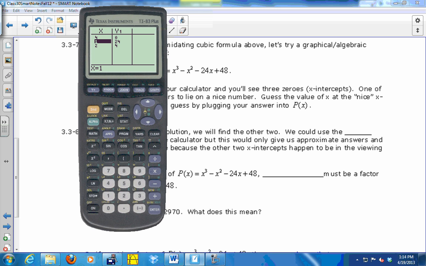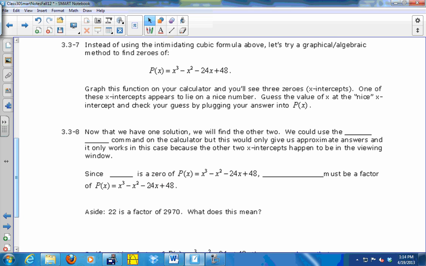We know 4 is a zero. You can also get it by doing second calculate, option 2, find the zero, and you would get x equals 4. Okay, so our nice solution is x equals 4.